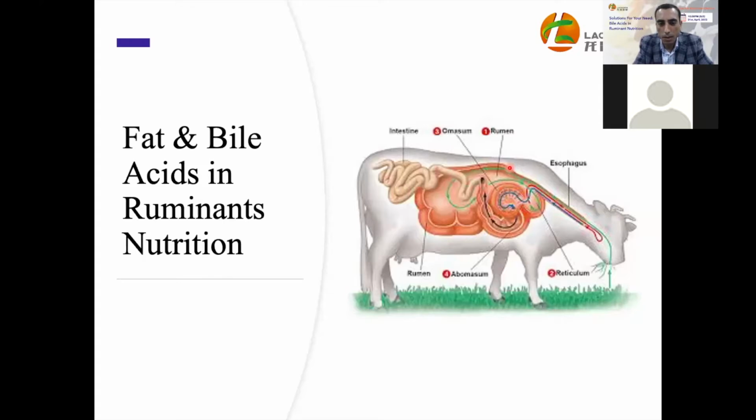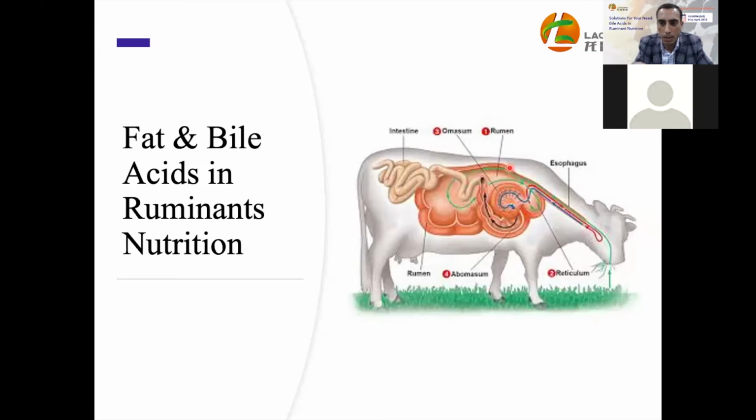Here, it contains billions of microorganisms: bacteria, protozoa, and archaea. All of these assist in degrading the feed, carbohydrates, protein and other feed nutrients.